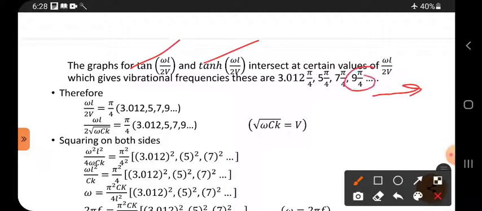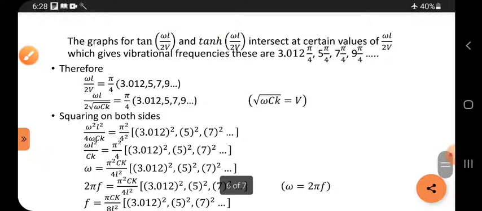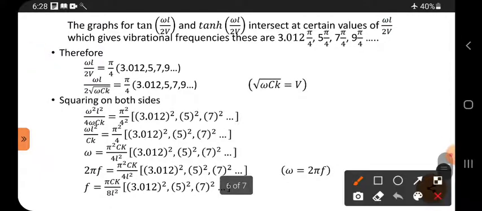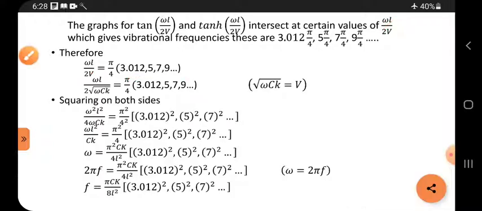At these values only these two curves can intersect. So therefore we can write omega L by 2v is equal to pi by 4 into these values.